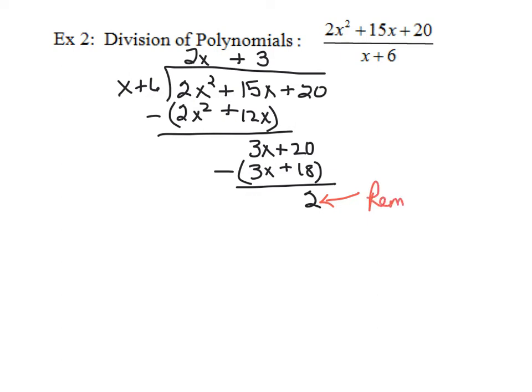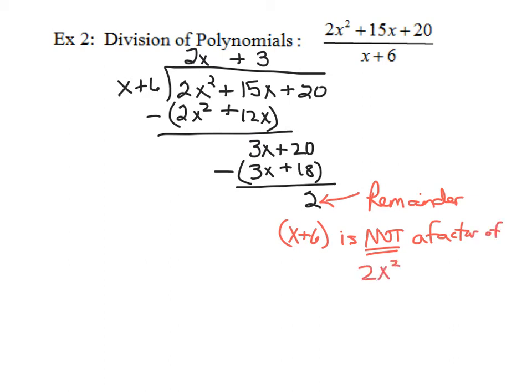So the remainder there, I'm going to look at this in two ways. First of all, since there's a remainder, that tells me that x plus 6 is not a factor of my original polynomial 2x squared plus 15x plus 20.